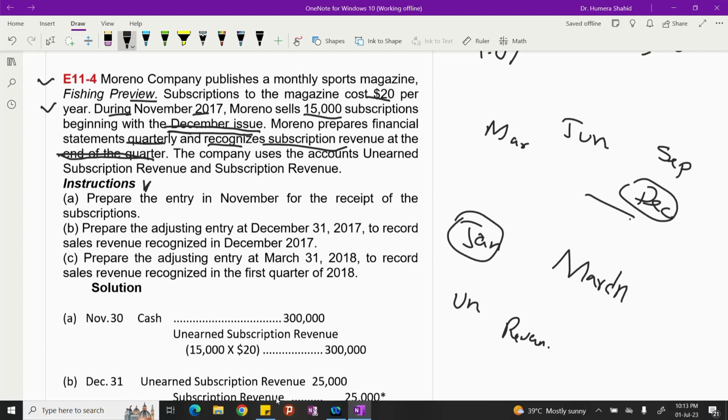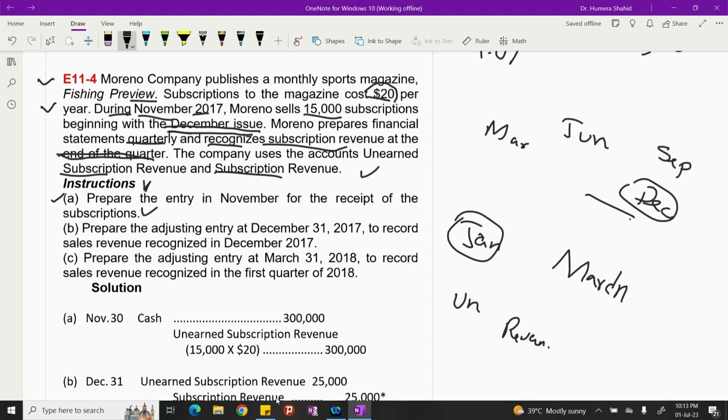The company uses the accounts unearned subscription revenue, which is a current liability, and subscription revenue. So when the revenue is earned, you use the revenue account, which is subscription revenue. Instructions are number 1, prepare the entry in November for the receipt of subscriptions. So you have collected the money in November for the full year.